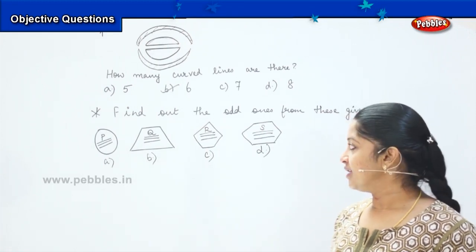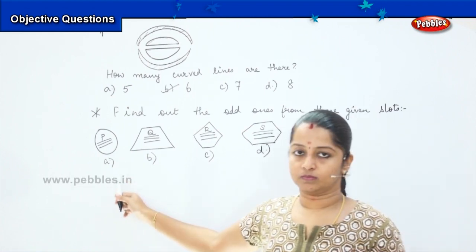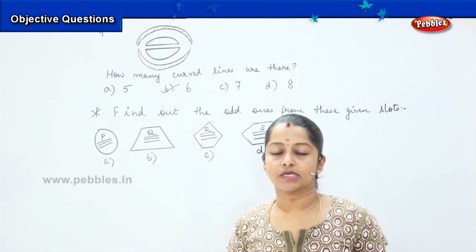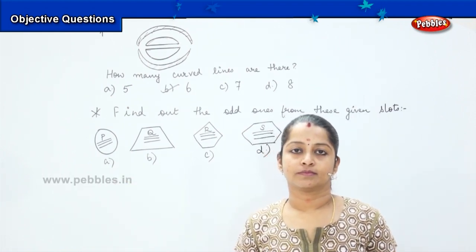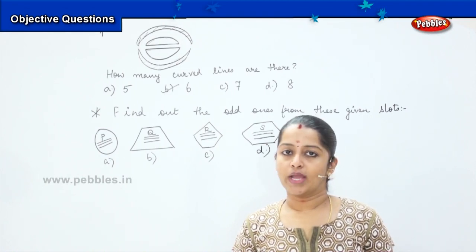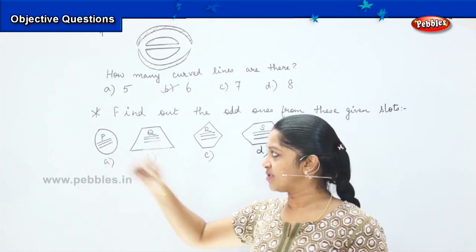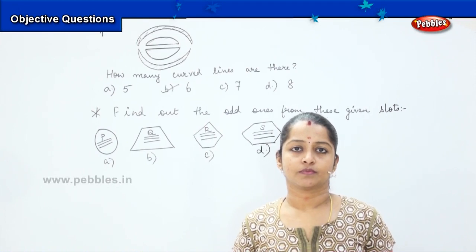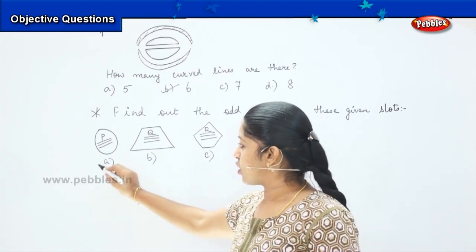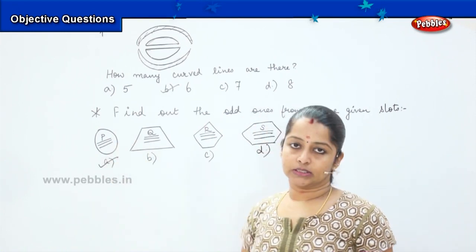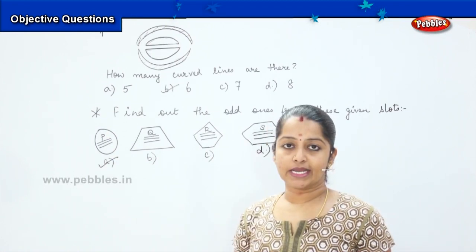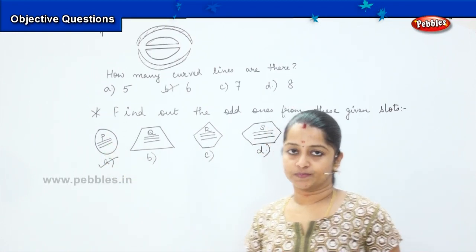So if I choose option A, will it be the right answer? Yes. Why so? Why do you think option A is the right answer? The reason is because it is a circle. There is no straight line in this given picture.